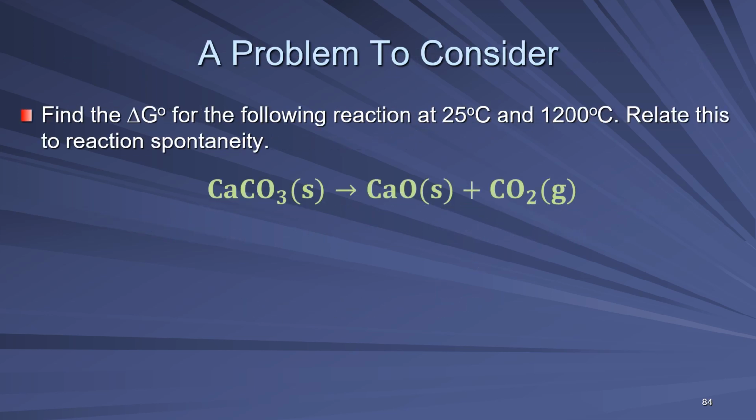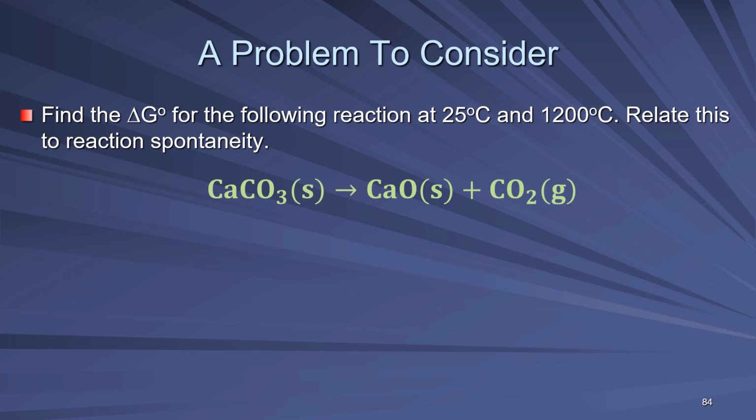So let's look at this example. Calcium carbonate is basically chalk and limestone; all of those things are made out of calcium carbonate. And if you take calcium carbonate, over time it can decompose into calcium oxide, which is quicklime, and carbon dioxide is released.